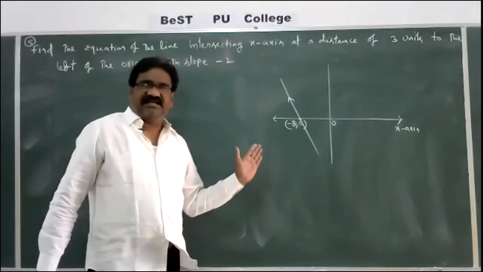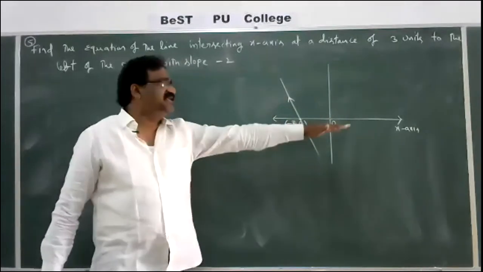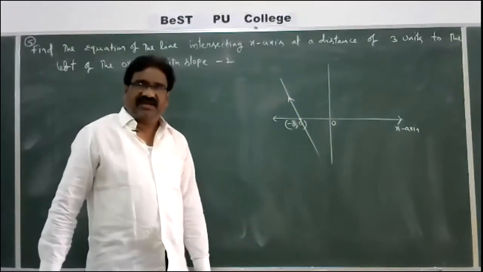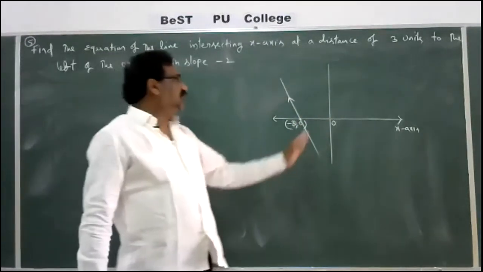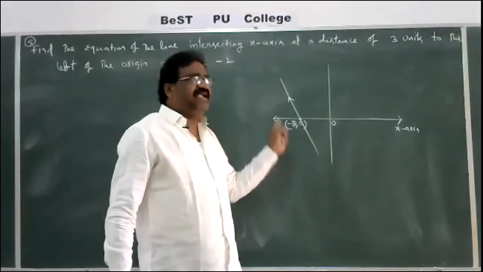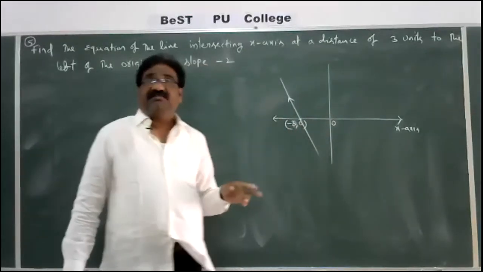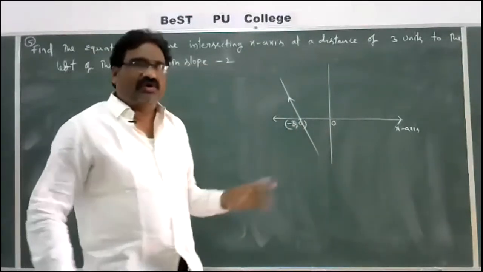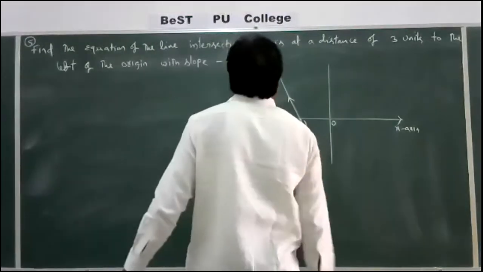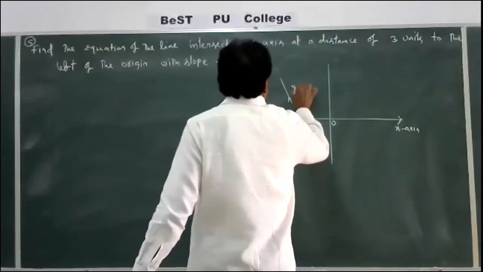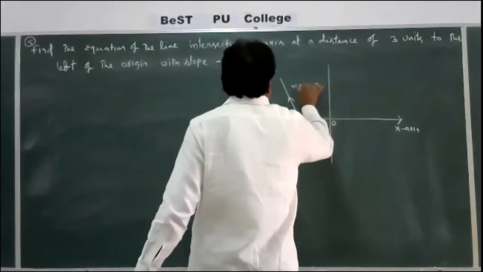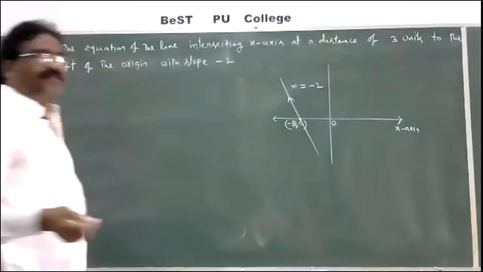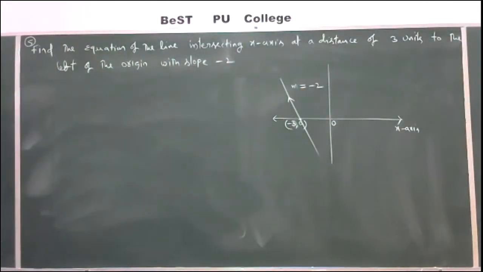Origin left side is the negative direction. Origin right side is the positive direction for the x-axis. So to the left means it meets the x-axis at -3, 0. So the line is passing through the point -3, 0 and the slope m is equal to the given -2. So apply the formula, slope and point form.